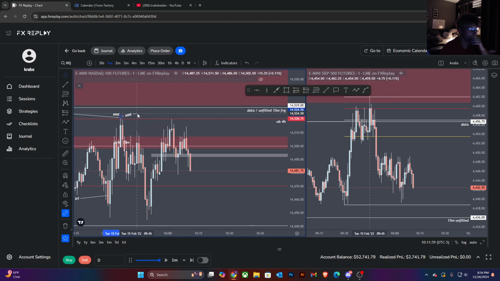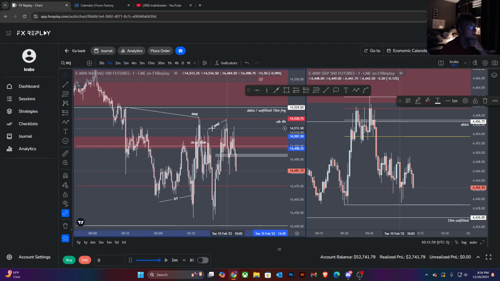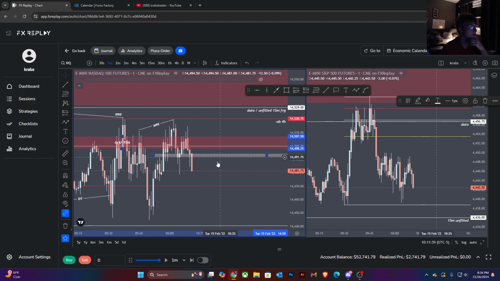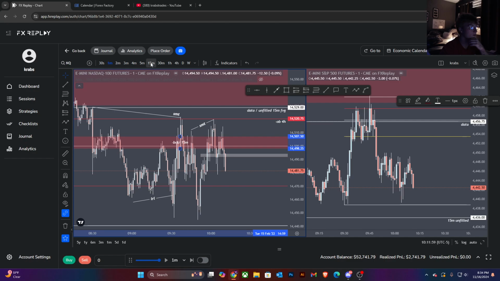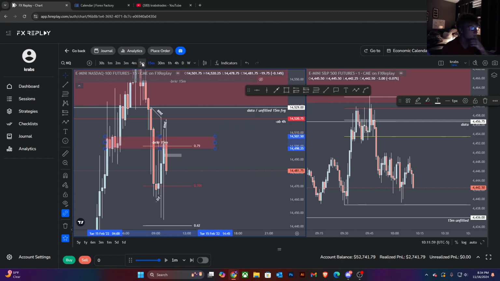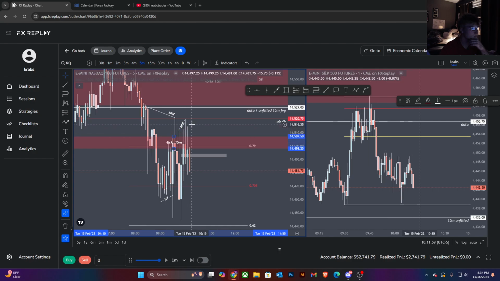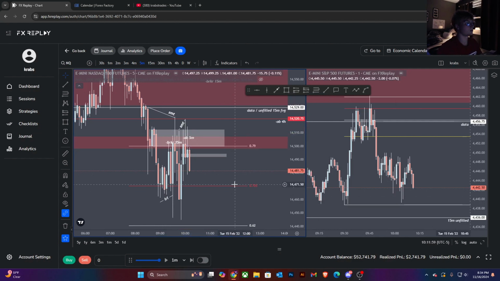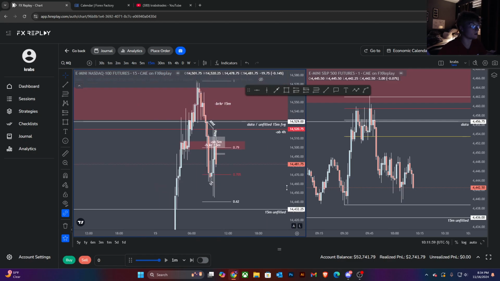Let's see, SMT. SMT, double SMT still. More external SMT as well as the internal SMT with data. Holding this 5 minute order block here, as well as holding that 15-minute bearish breaker.